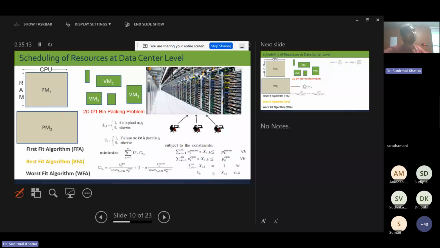Out of that, sometimes one machine fails. Then within a second, the multiple VMs that were running on that physical machine all get distributed and go to their own machines. Something is happening, some magic has happened, and all these are visible to the data center engineer who is just managing.